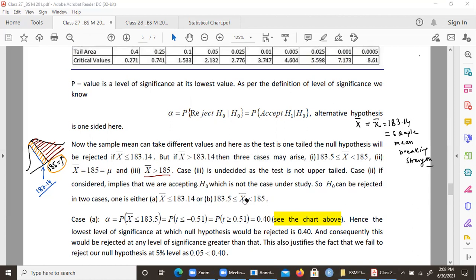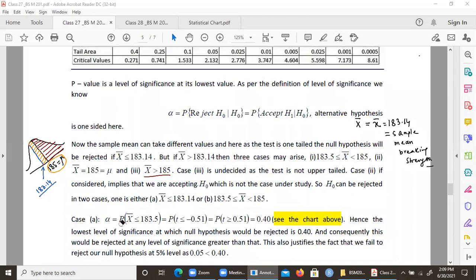If it is falling inside this region, then your null hypothesis is going to be rejected when the null hypothesis is indeed true. I am considering these two cases A and B separately. First of all, I am considering this case, X bar less than 183.14. Now, I am going to calculate alpha on the basis of this case A.